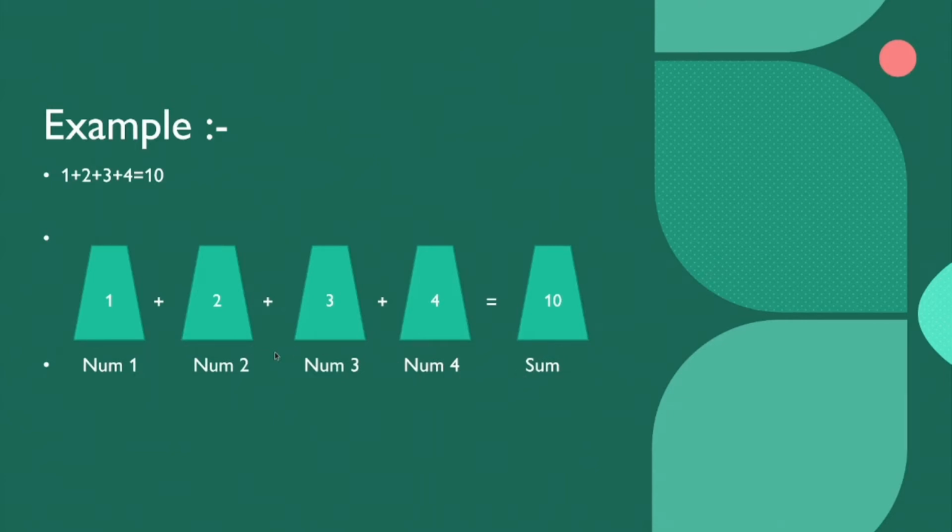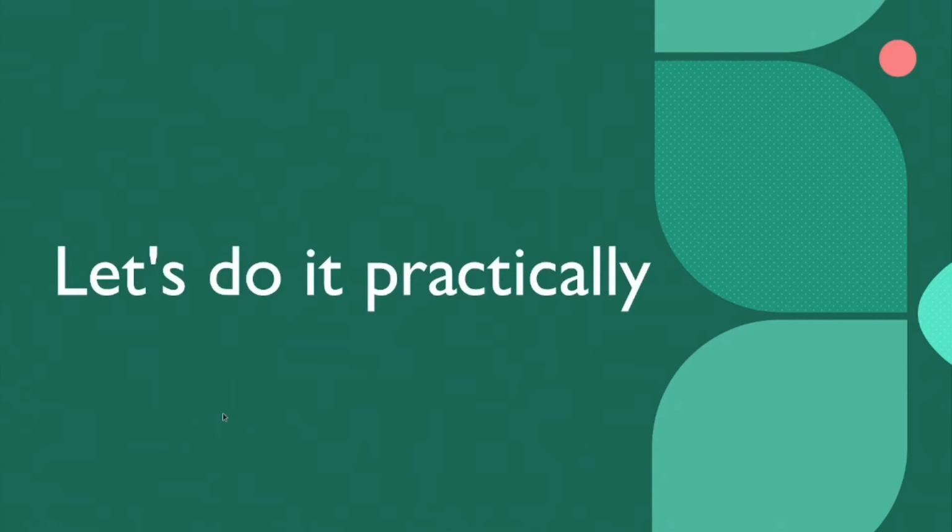We will give the variables different values, store the result in another one, and then print it on the screen. So now let's do it practically so that we can understand better.